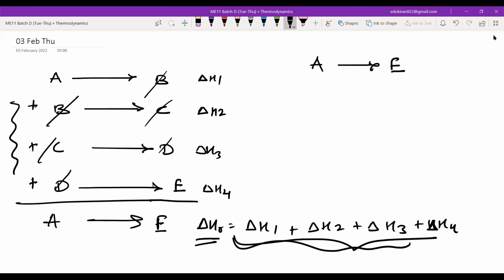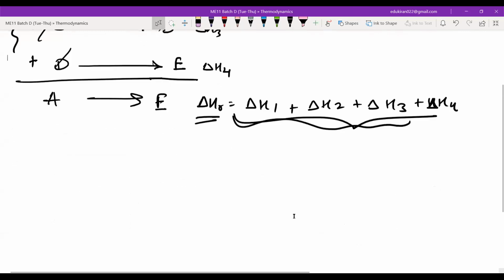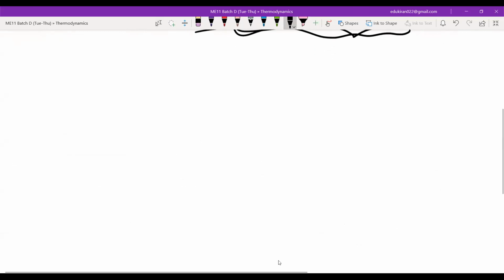It will not always be plus, plus, plus. For example, you can also have something like 2A giving you E. This is the target reaction that we want to calculate the enthalpy of. Now here you have some reactions that are known to you, and the enthalpies of those reactions, they will be simple reactions and their enthalpies can be easily found in the data.